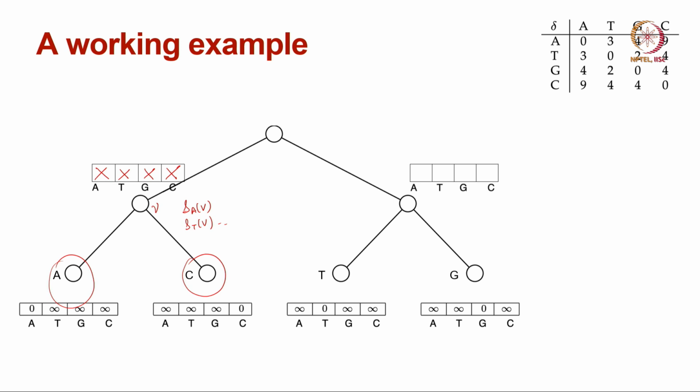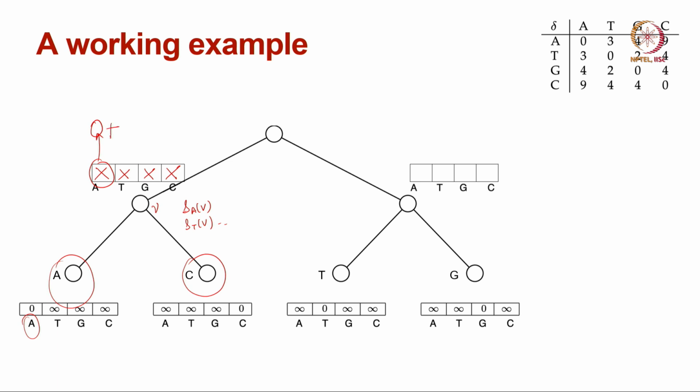So, now if you apply the recursion, for example at A, what would be the value at A? From the left hand side you can only consider state A, because everything else has an infinity. So for state A it will be A to A, so that would be 0, because there is no state change.